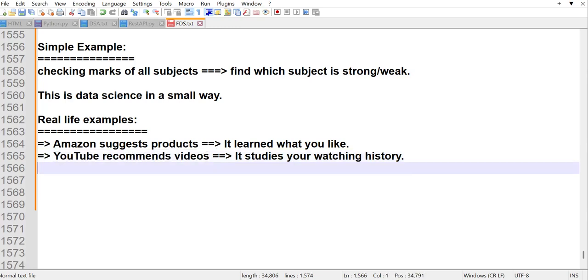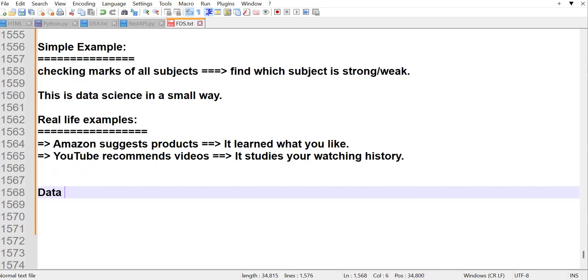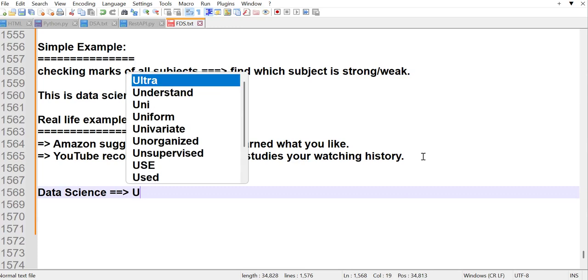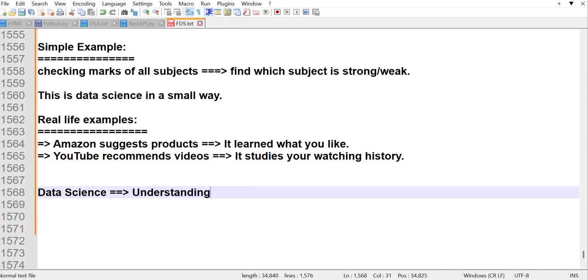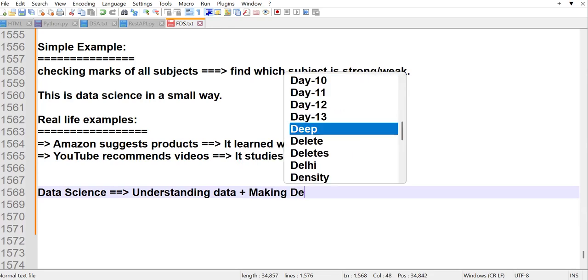Okay, so what is data science? What does data science mean? Data science means, we can say, understanding data plus making decisions.